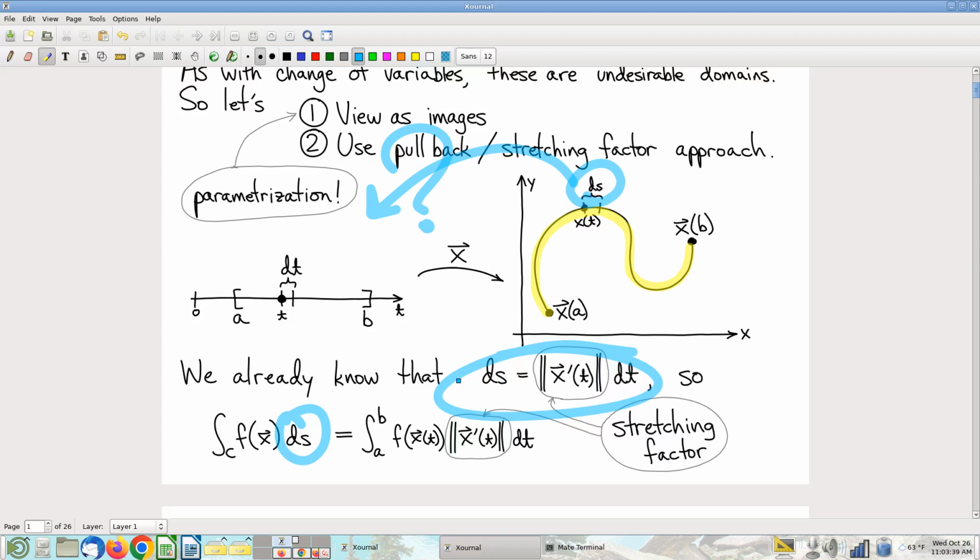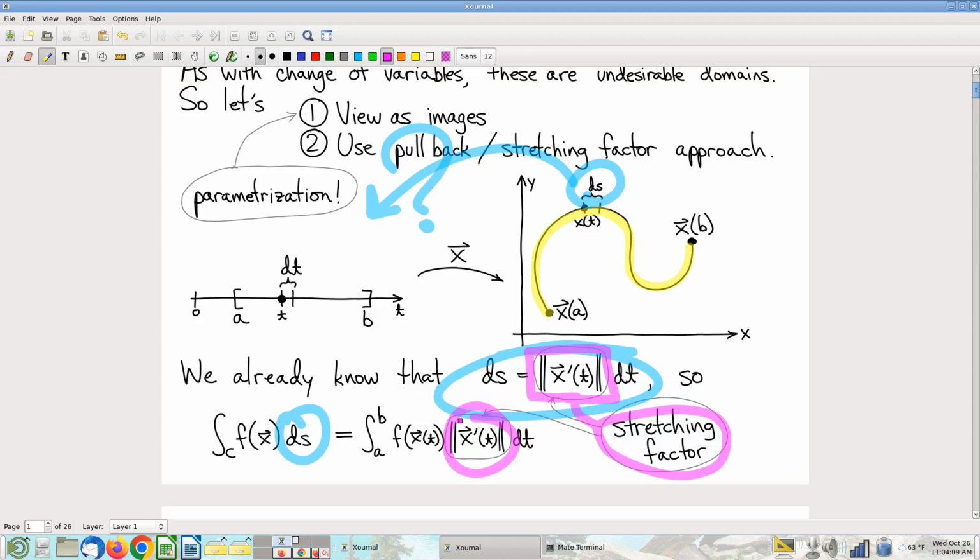So old news happens to be exactly what we need. ds, the thing that I need to pull back here, is a multiplicative factor times dt, my pullback differential. I didn't even notice it at the time, as we were writing down these formulas, we didn't realize this was going to be a stretching factor. But it is. There it is. So don't forget your stretching factor.